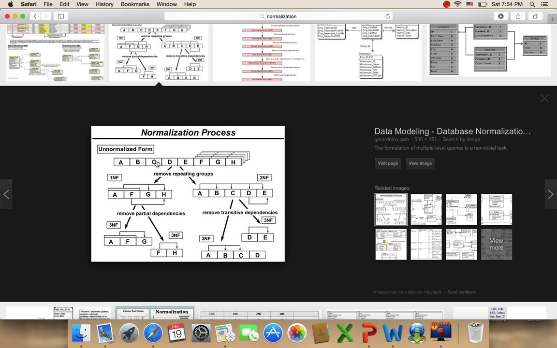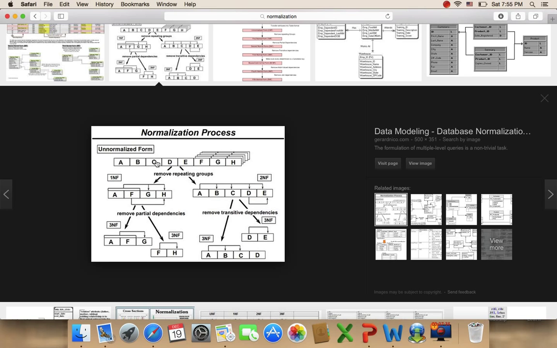All requirements for the first normal form must be met. Redundant data across multiple rows of a table must be moved to a separate table. And the third condition is that each column depends on the primary key. Each column depends on the primary key.